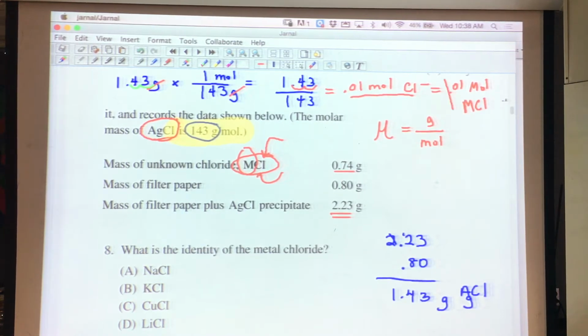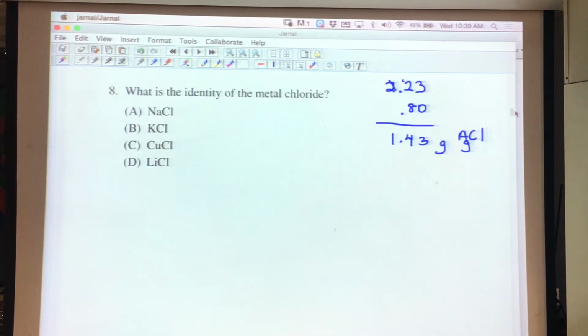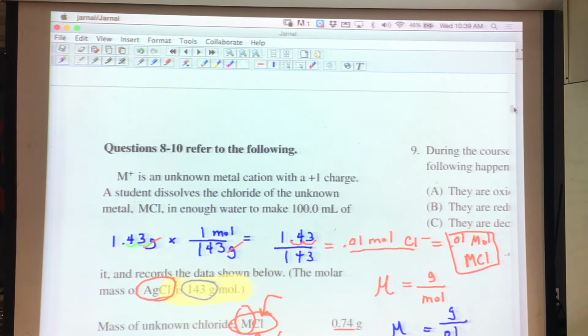So what I really have is 0.01 mole of my unknown metal with the chloride. That's what I just did here. So that would go here. 0.01 moles. Okay. Trying to find my molecular mass. And then, of course, I need my grams. Okay. Well, if I know it's 0.01 moles, I could find grams a couple different ways. Now, I know that I'm making this a lot more difficult for some people, okay?